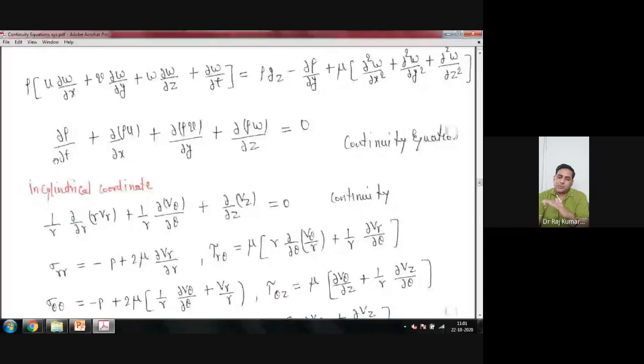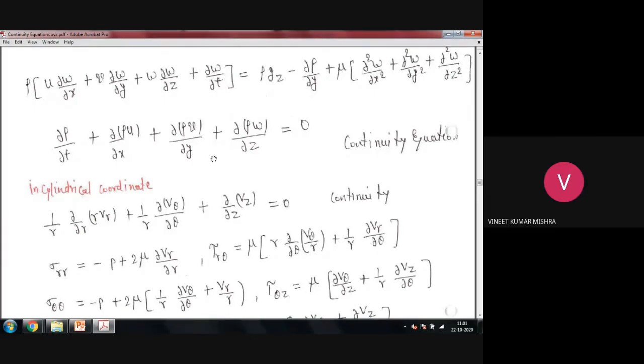Density will come out, so you finally end up with del u upon del x plus del v upon del y plus del w upon del z equal to 0. Now all the dels can be converted into the del operator, so you finally get del dot vector V equal to 0 from here. Okay?